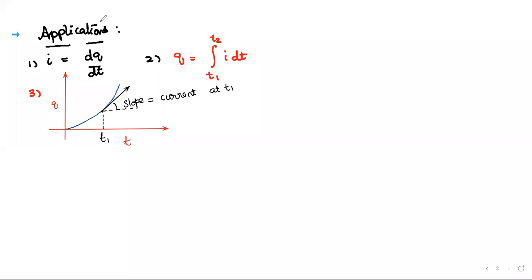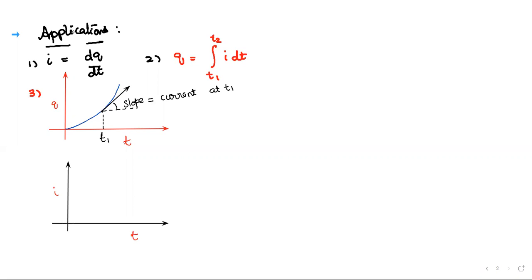And the fourth point we have discussed is the area integration. Suppose one graph is given like this, this time I am taking I on the y-axis, t on the x-axis. So I into dt, area.